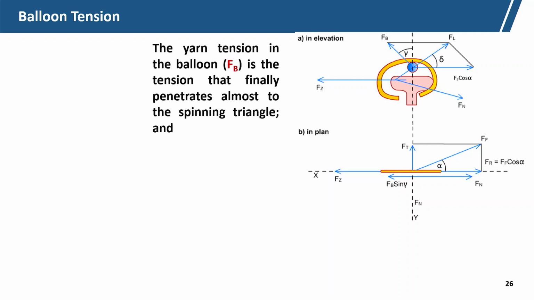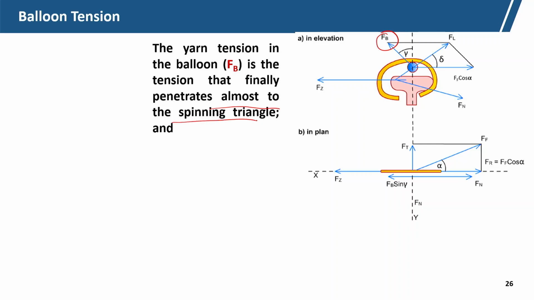So, the yarn tension in the balloon, that is F b, we can call it the balloon tension. The yarn tension at the balloon F b is the tension that finally penetrates into the spinning triangle.